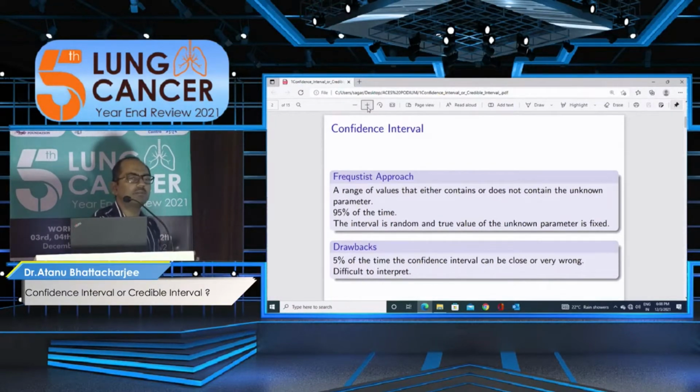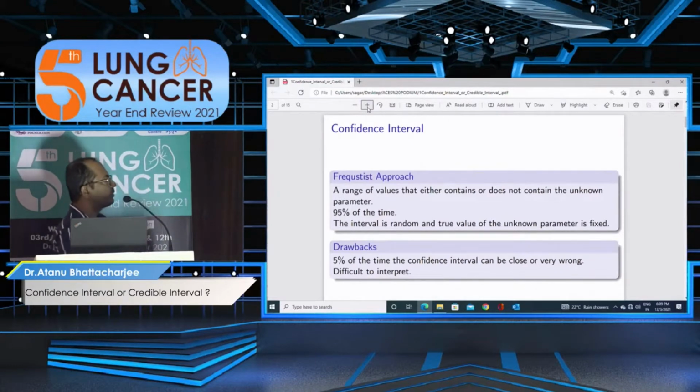The diabetes rate comes in terms of a percentage. Once we have the percentage, along with it we always get another thing, the standard deviation. We put this percentage along with the standard deviation, and we can easily get the confidence interval.